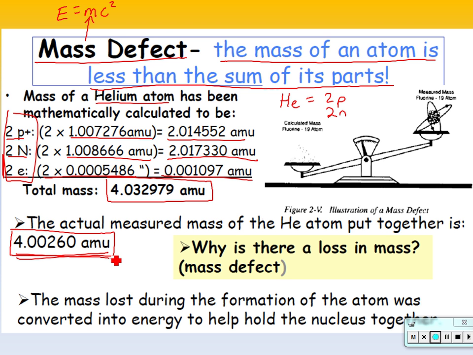It takes a lot of energy to bind all those protons together. They don't want to be by each other. So the mass lost during the formation of an atom was converted into energy to help hold the nucleus together. So when you split an atom or when you fuse it, that mass defect is then converted into energy.